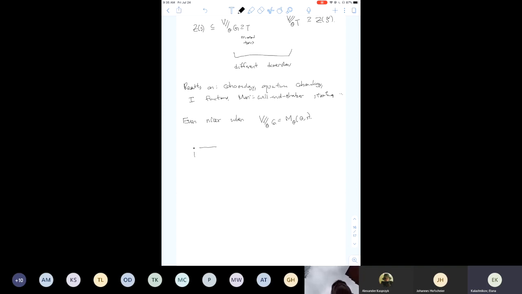So for example, if you have this GIT quotient here, this quiver flag variety, again I've written the dimensions of the vertices next to the vertices, and I've written the number of arrows by just drawing one arrow next to the arrow.